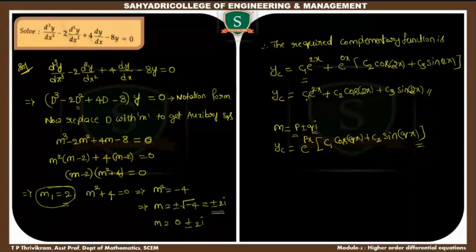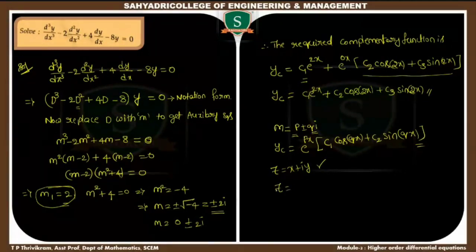Similarly, we got a complex pair. For a complex pair, we have to write e power the real part of this number into x, similarly into c2 cos x plus c3 sin x. So this is nothing but the polar form of a complex number. Usually z is equal to x plus iy in the general standard form.